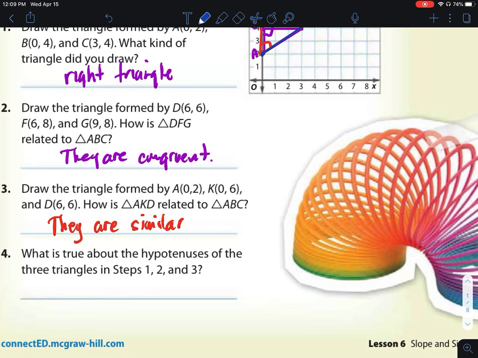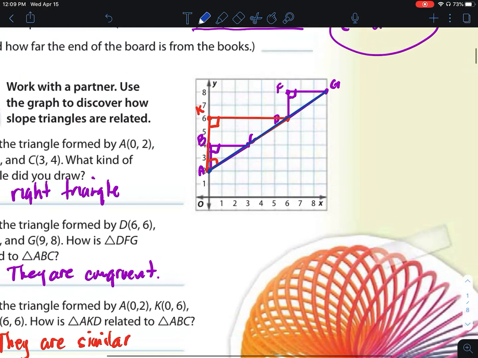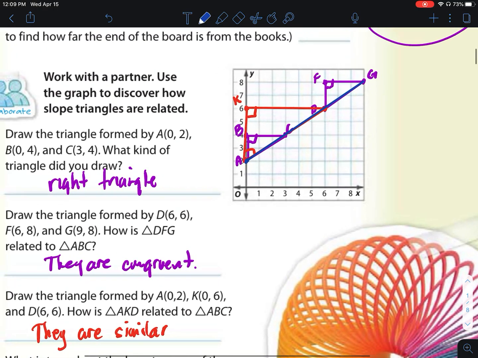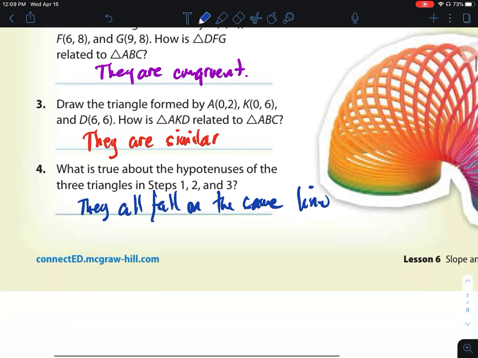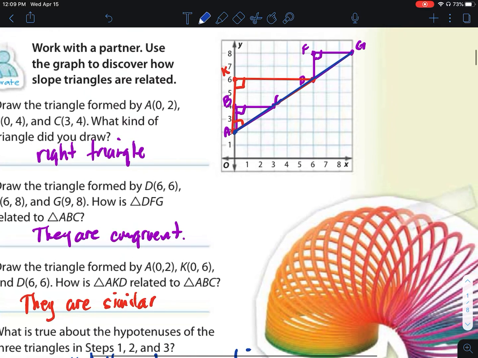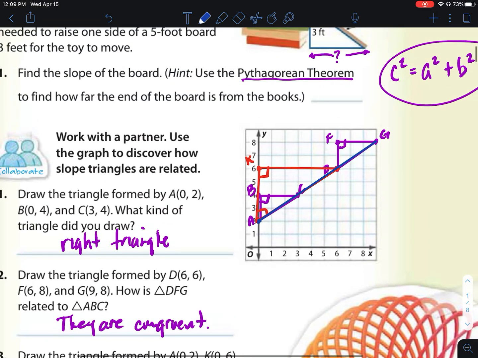They all fall on the same line. So all the hypotenuses of the three triangles fall on the same line, and all the three triangles are similar to each other.